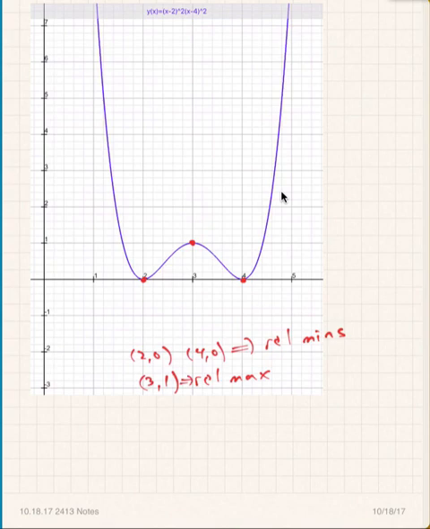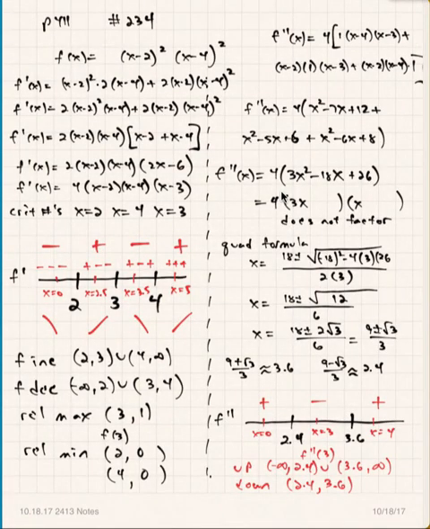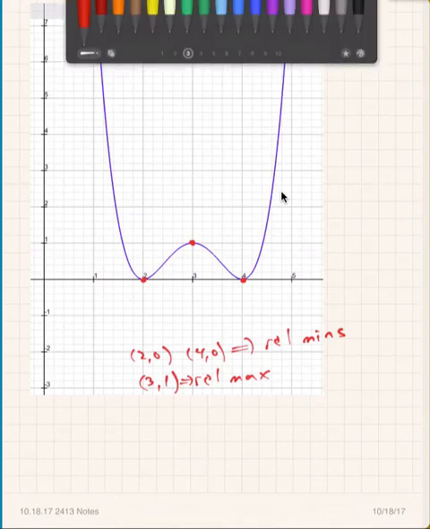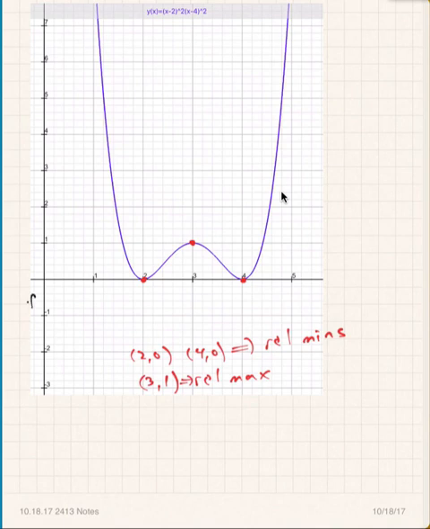Those are values that we found a second ago: relative max of 3, 1, mins at 2, 0 and at 4, 0. And certainly the function's decreasing and then increasing and then decreasing and then increasing. So looking at the signs of the derivative for this graph, the derivative is going to be negative and then 0 and then positive and then 0 and then negative and then 0 and finally positive again.